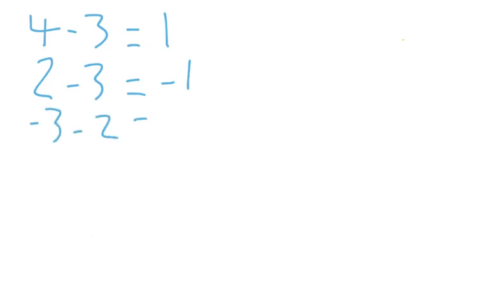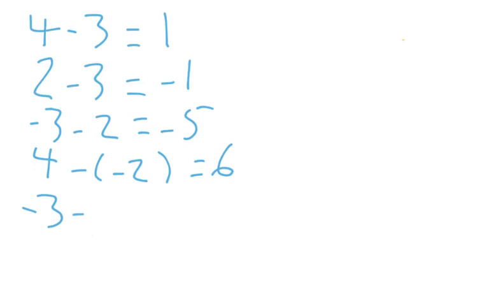So here are the examples we looked at. 4 minus 3 turned out to be 1. 2 minus 3 turned out to be negative 1. Negative 3 minus 2 was negative 5. 4 minus negative 2 turned out to be 6. Negative 3 minus negative 3 turned out to be 0. Those are the 5 examples we did.